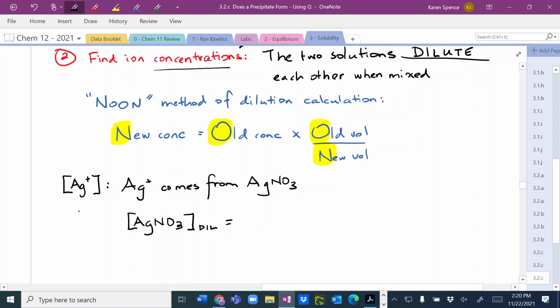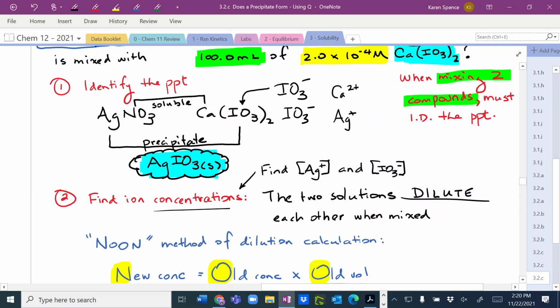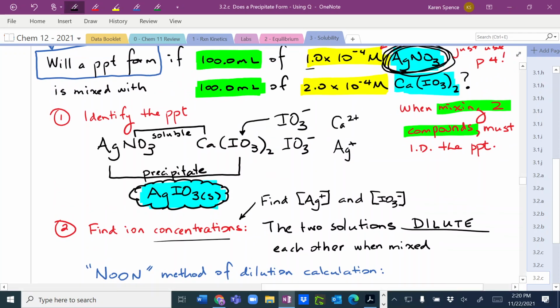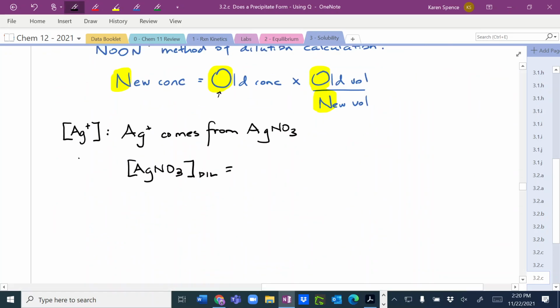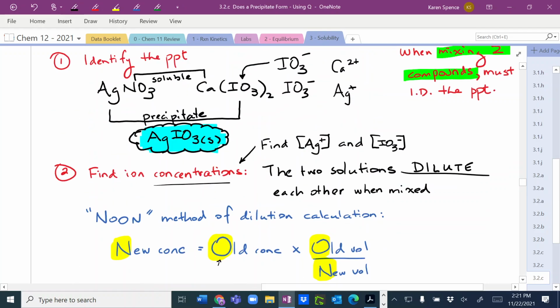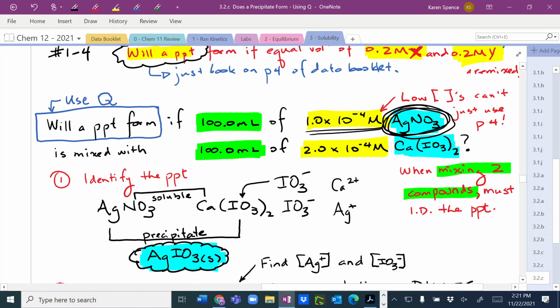So we are going to start with our old concentration for silver. Let's go back and look and see what that was. 1.0 times 10 to the minus 4. That's our old concentration. How much of that did we have? We had 100 milliliters.